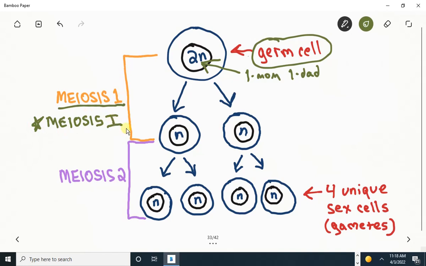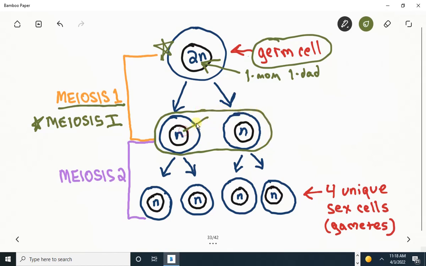So in this first half of meiosis, meiosis 1, we're going to start with this germ cell, and this germ cell is going to go through meiosis 1, and we're going to get, as a result, 2 haploid cells.